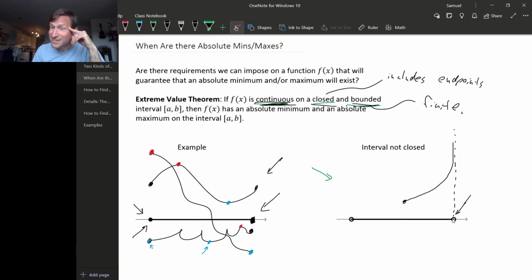But if the interval isn't closed, we don't have to define the function at the endpoint, and that's what lets us get away with having this vertical asymptote. And we can do the same thing going the other way, but with a vertical asymptote going down. So here's a continuous function on a bounded interval, but the interval isn't closed, and this function has no absolute minimum or maximum. So you can see we really do need this closed condition for the extreme value theorem.